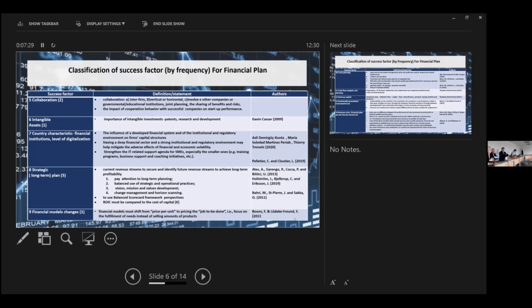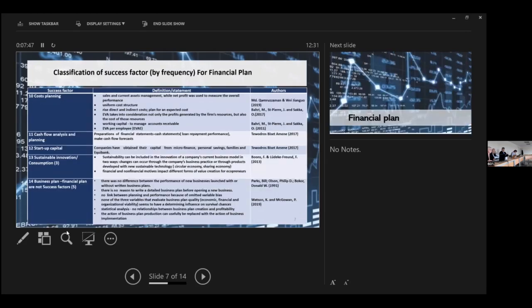Strategic plan: to create a strategic long-term plan is also a success factor for new businesses. To create a financial model adapted to modern circumstances is the next one. As was told previously, cost planning is important. And as I said, cash flow planning and analysis is the king of financial management.